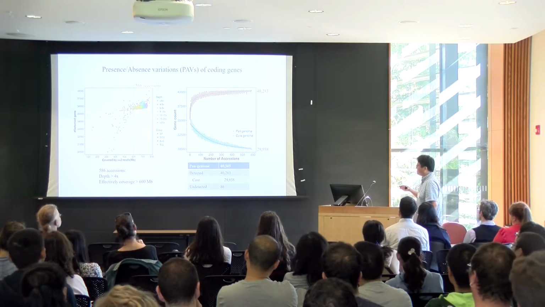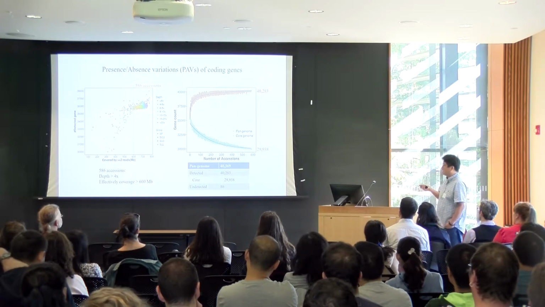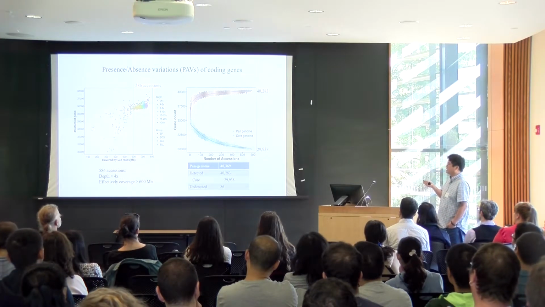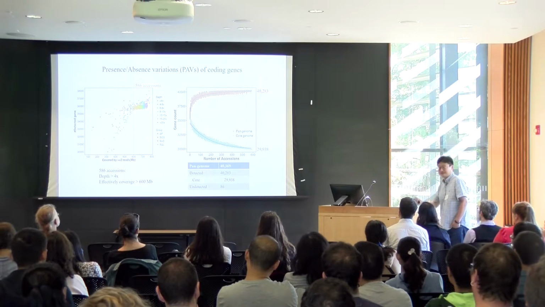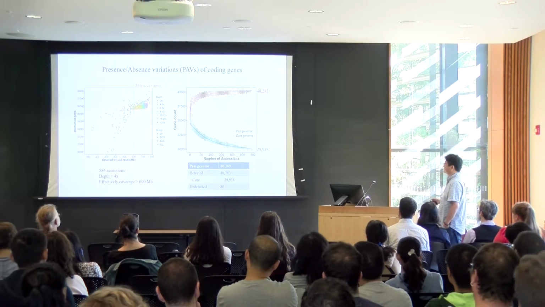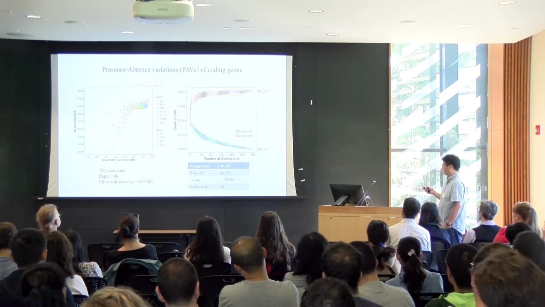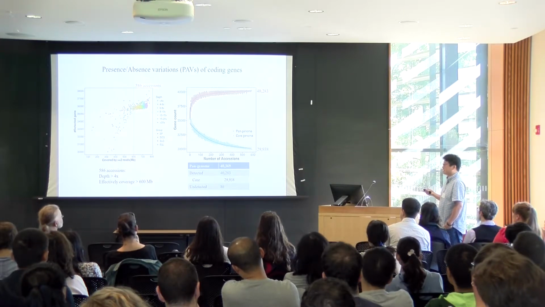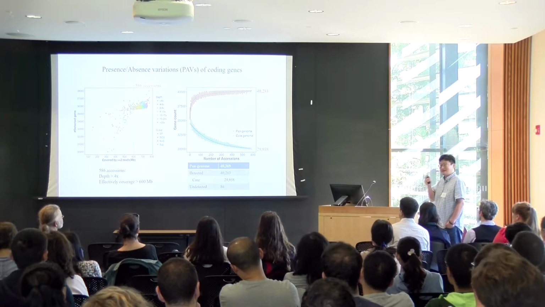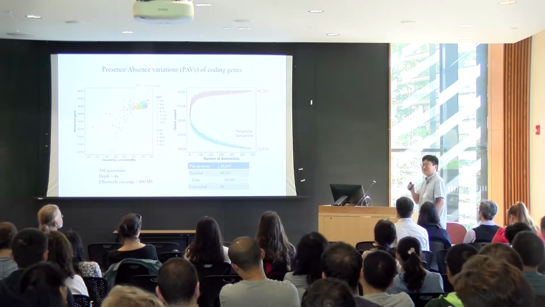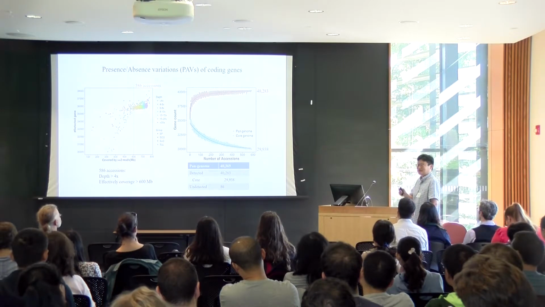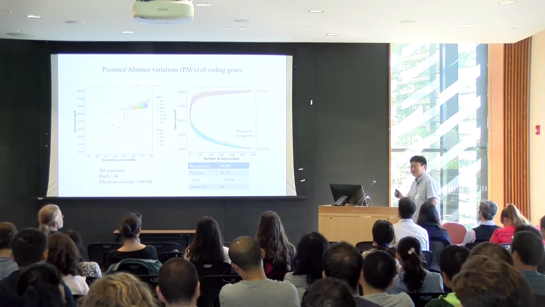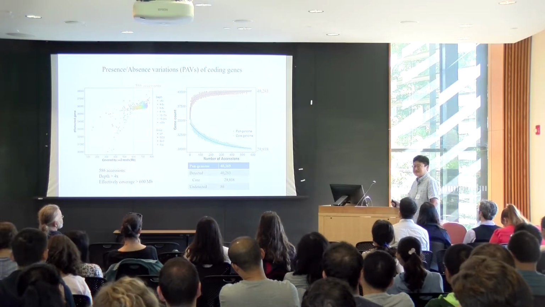And the core genome is also kind of closed. That means if you add another accession, the core genome will not decrease much. So the accessions we used in this study probably captured the majority of the genes, if not all of the genes.